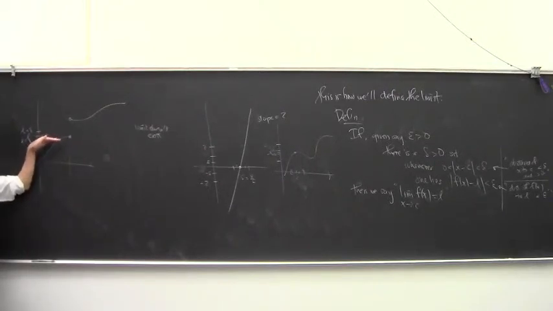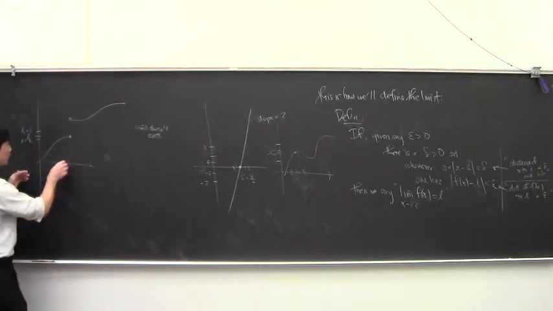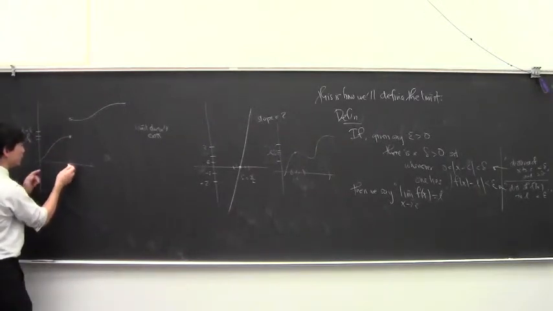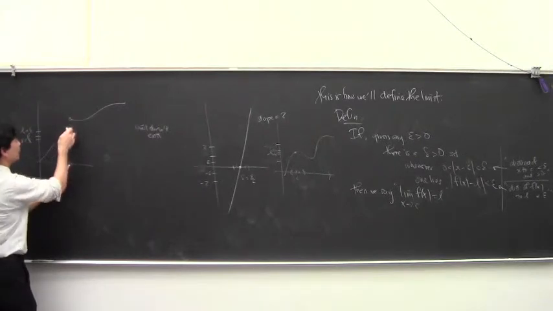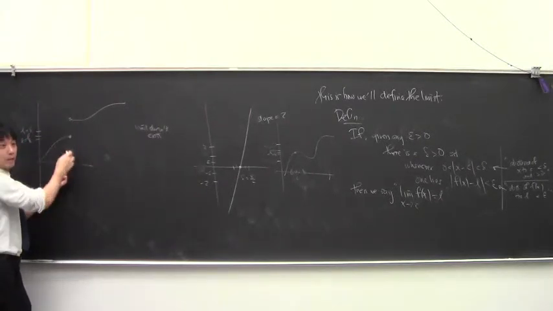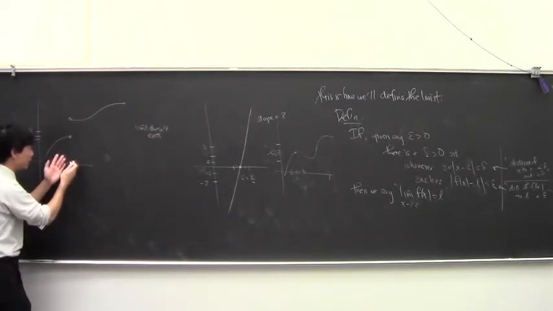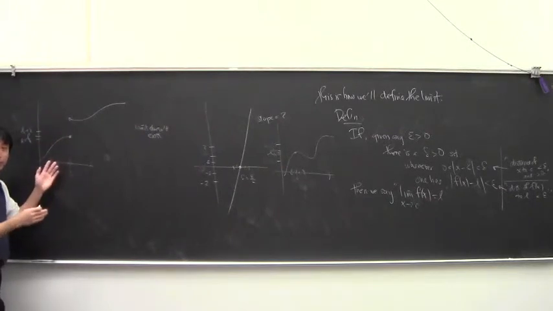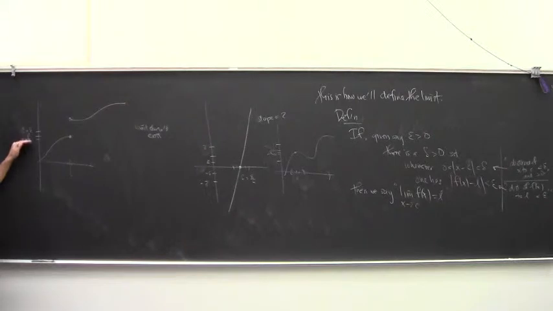No, it's impossible. You see, it doesn't work. No matter how tiny a delta I choose, I fail on the right side. I can't find a neighborhood where I satisfy your constraint. And so the limit isn't this L.